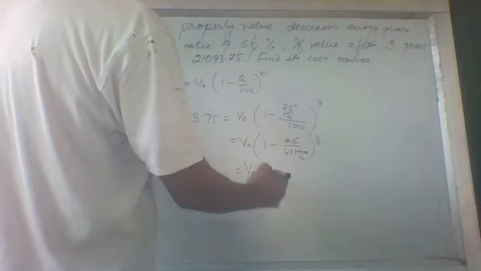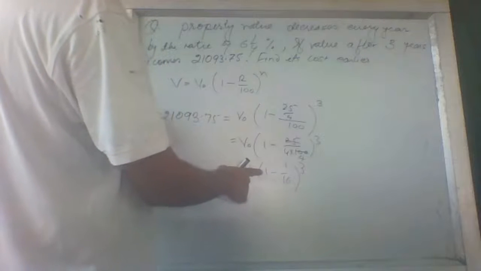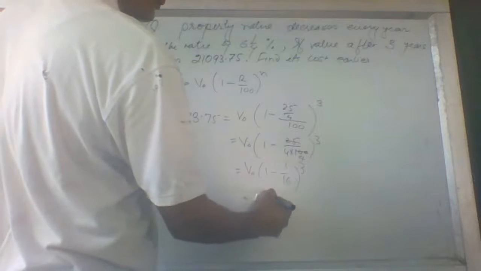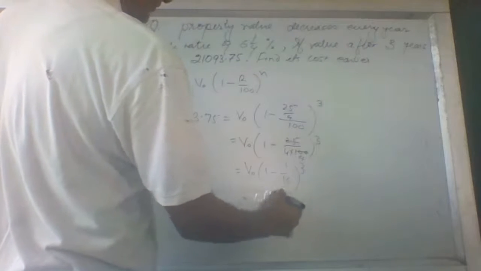V naught times 1 minus 1 by 16, to the power 3. That is 16 minus 1, 15 by 16. V naught times 15 by 16 to the power 3.